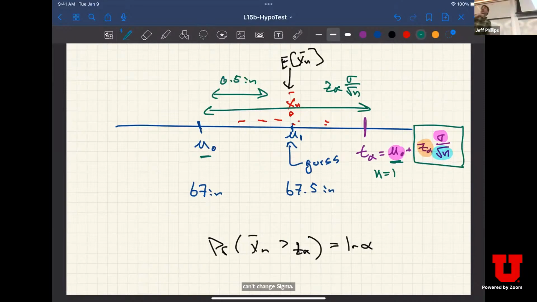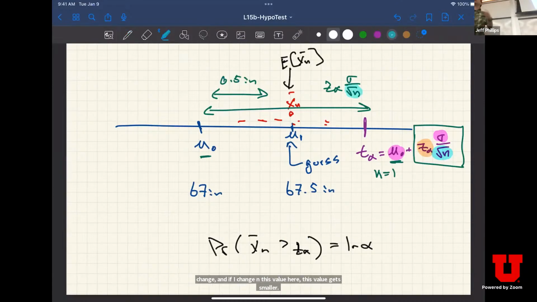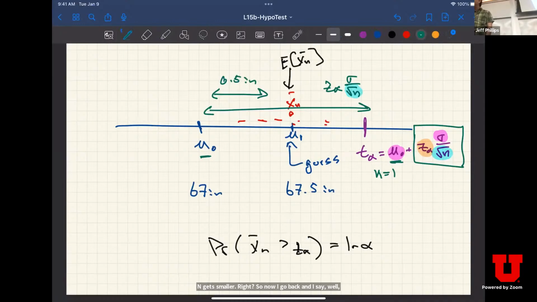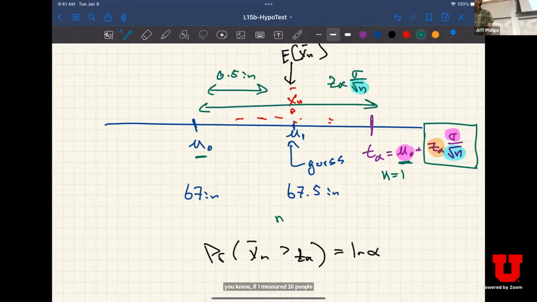But I can change n. If I change n, square root n gets larger, so that term, Z alpha sigma over square root n, gets smaller. So if I measured 16 people instead, n equals 16, then my T alpha is going to be over here.